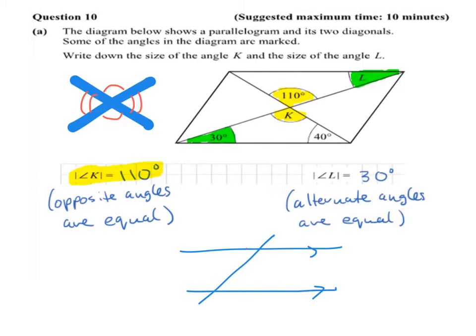So, for example, this angle here and this angle here, they are alternate to each other, so they are equal. So angle L and angle 30 are alternate to each other, so they are equal. So angle L is equal to 30 degrees. Likewise, if we had been looking for this angle up here, this angle would be 40 degrees because it's alternate with 40. But we weren't actually looking for that angle, we were only looking for angle L.